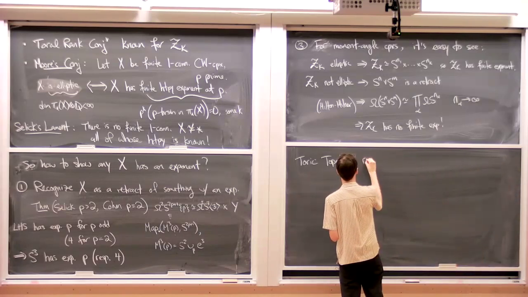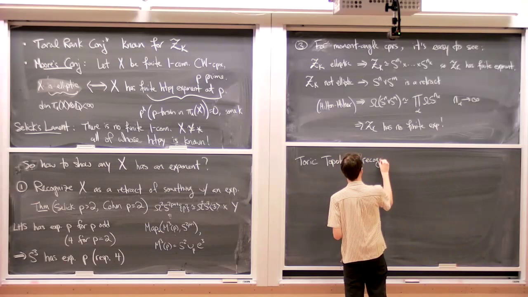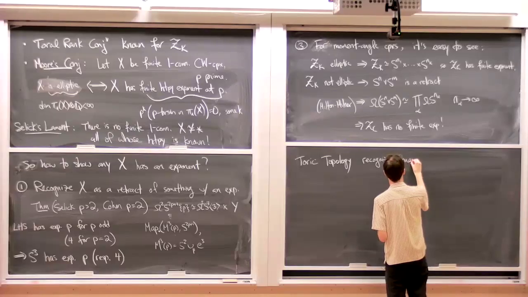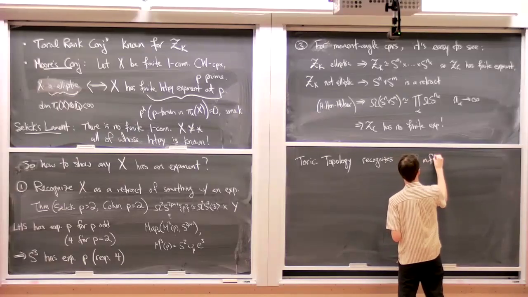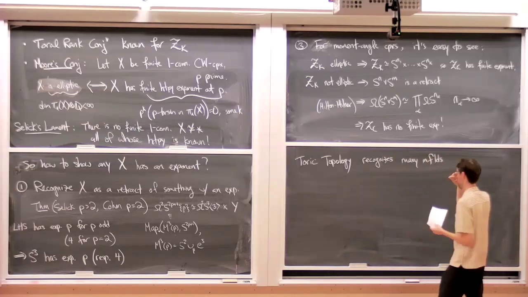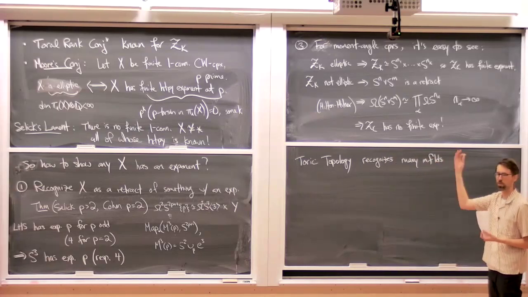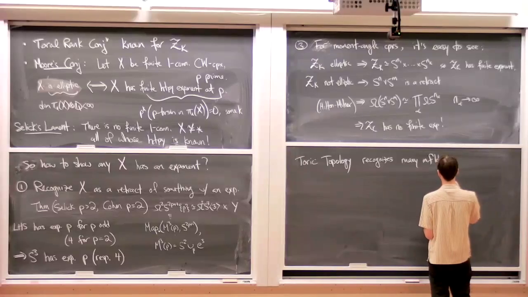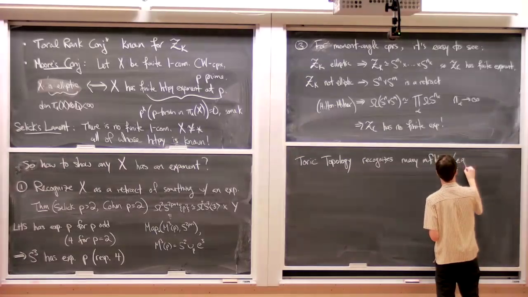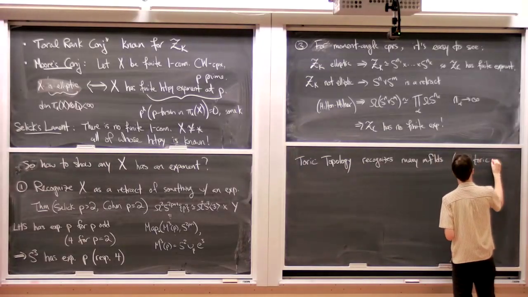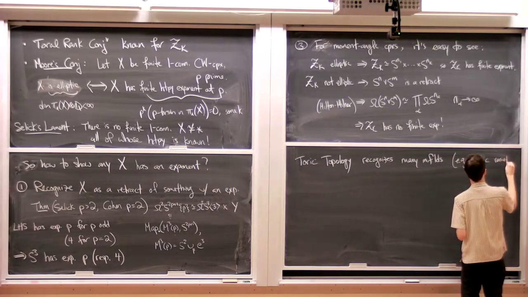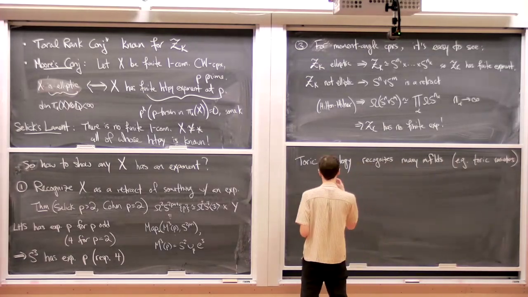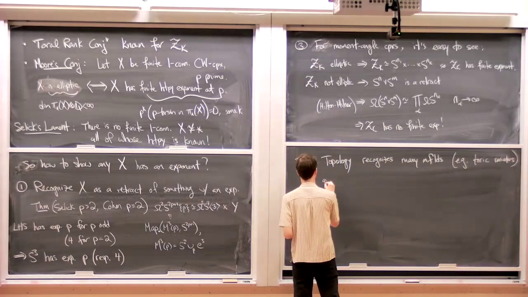So I'll just say toric topology recognizes all kinds of manifolds, as quotients. Finite dimensional manifolds are certainly spaces we don't know much about Moore's conjecture for, for example, toric varieties.